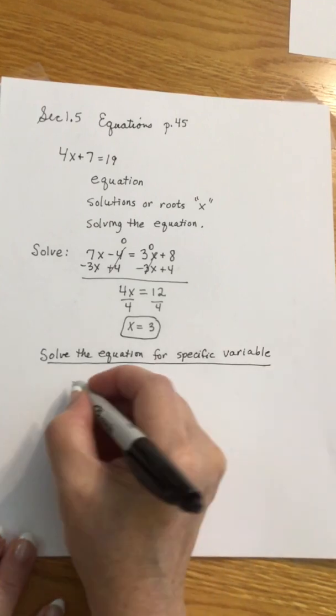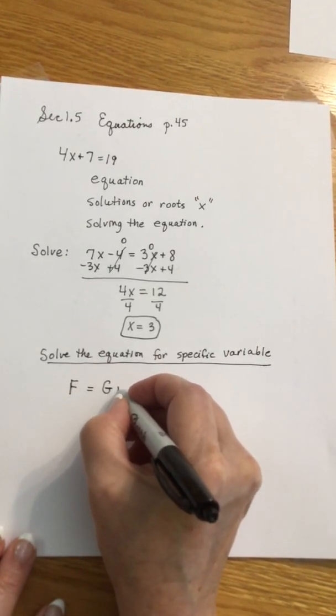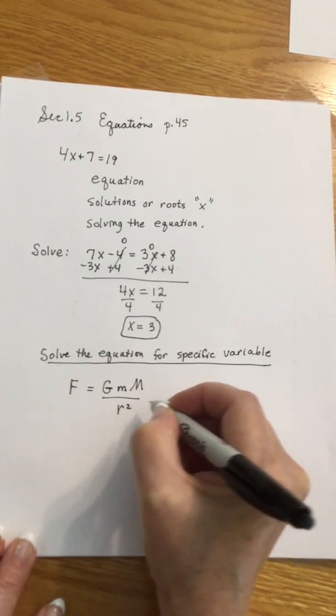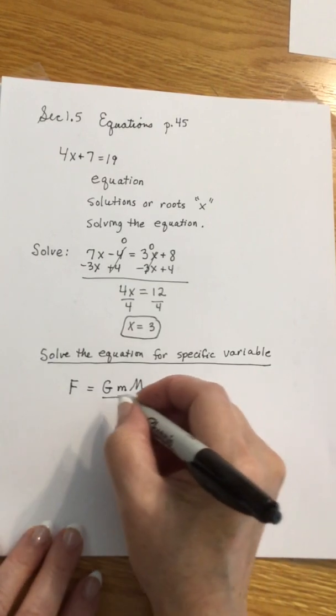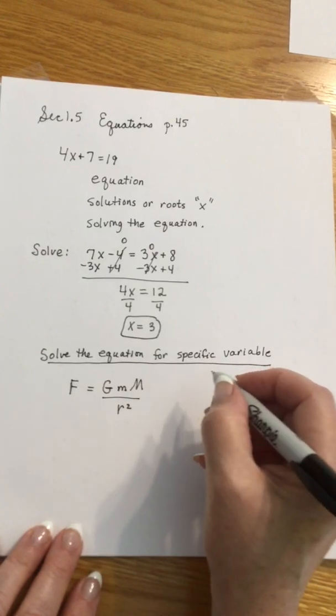So we're going to start out with one example that looks like F equals G lowercase m capital M over r squared. Now that's an equation. So we've got the equation, the equal sign between them. But now we're going to tell what variable we're going to solve for.